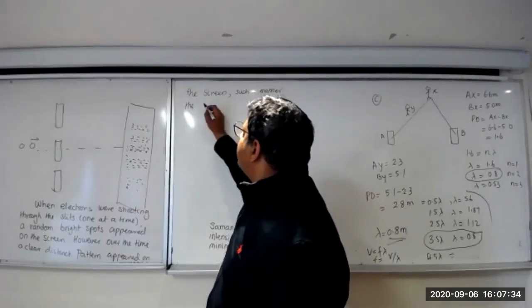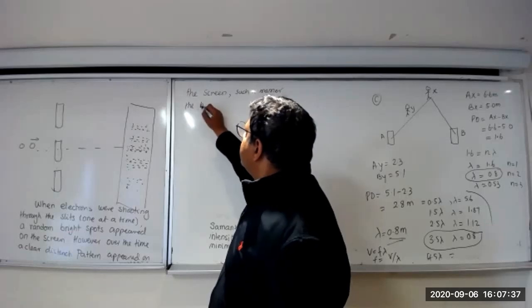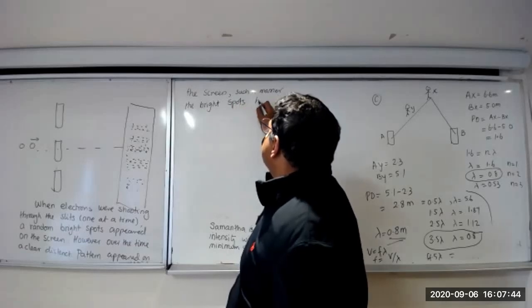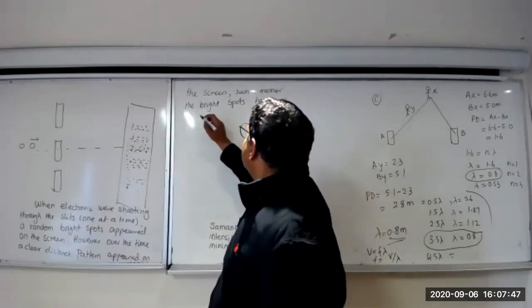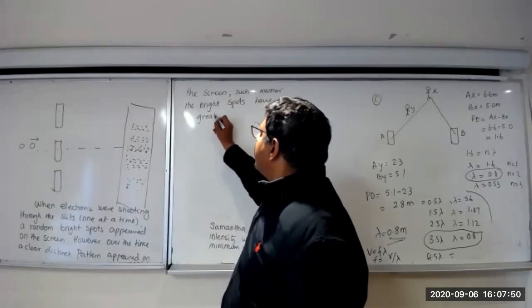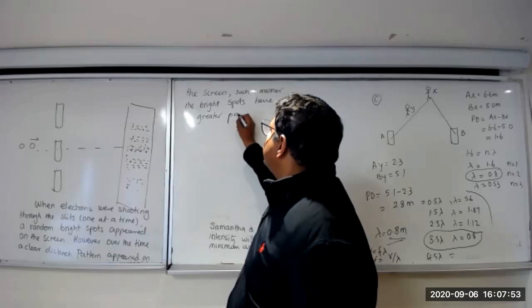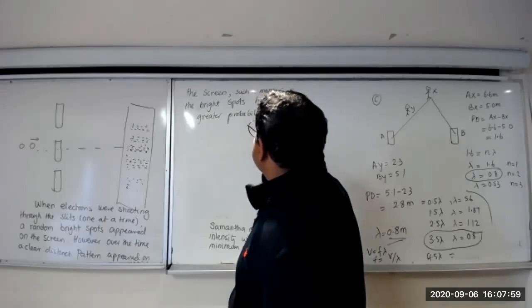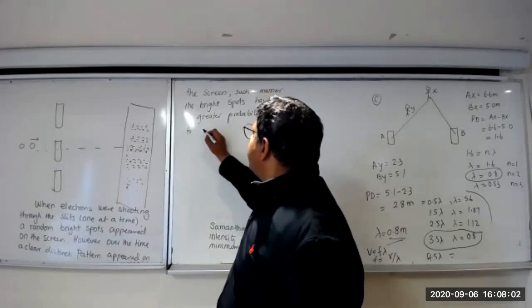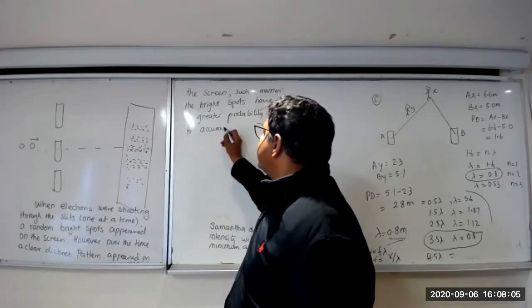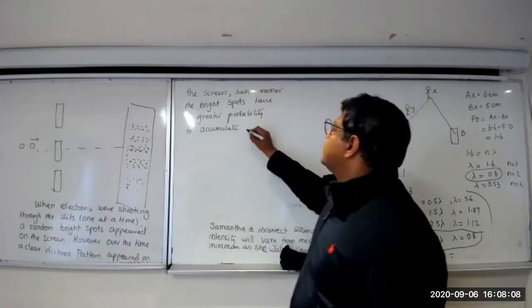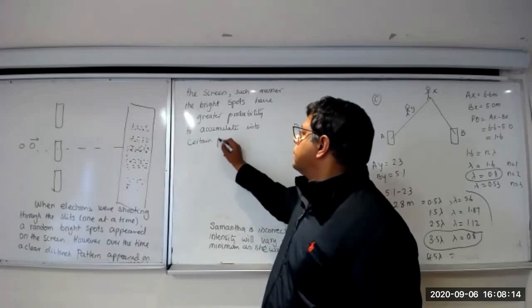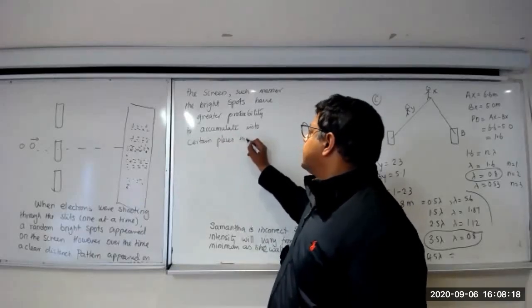The bright spots have a greater probability to accumulate in some places than others.